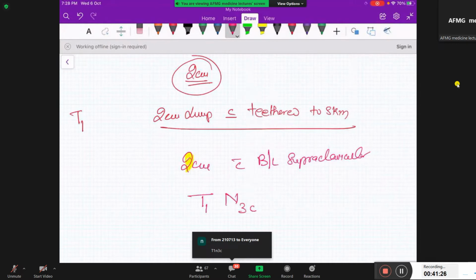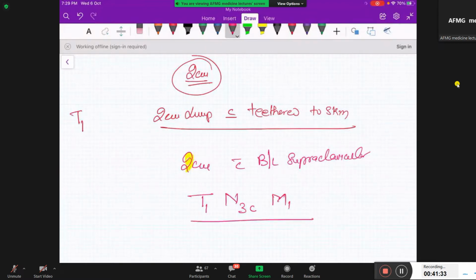N3C, but bilateral है तो M1. Ipsilateral supraclavicular is N3C. Opposite side supraclavicular will get enlarged. It is a distant metastasis.